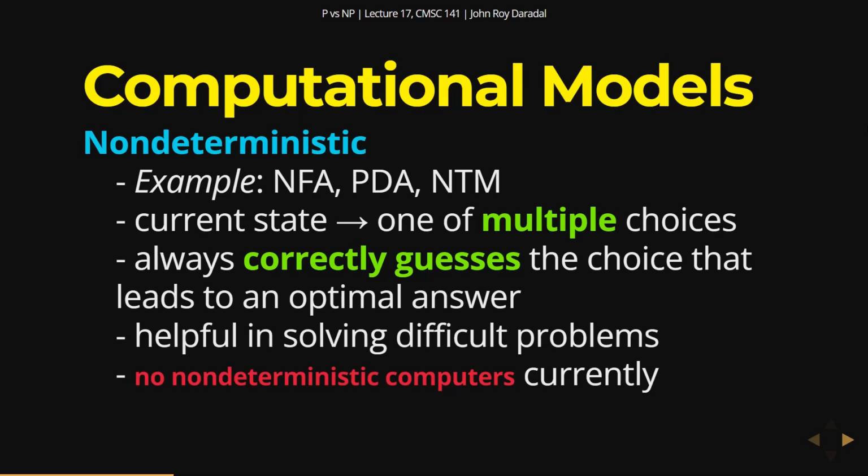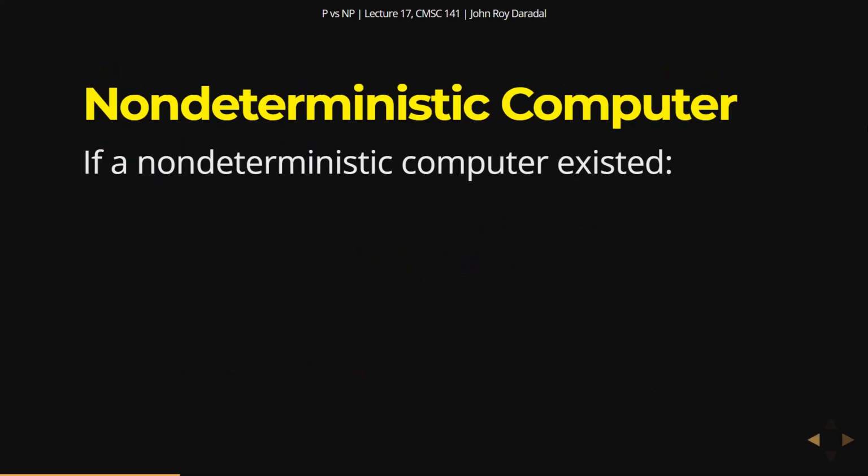Okay, so no non-deterministic computers yet. There could be one in the future, who knows, but right now there's none. Okay, now let's imagine what if that non-deterministic computer really did exist. What would be the result of that?